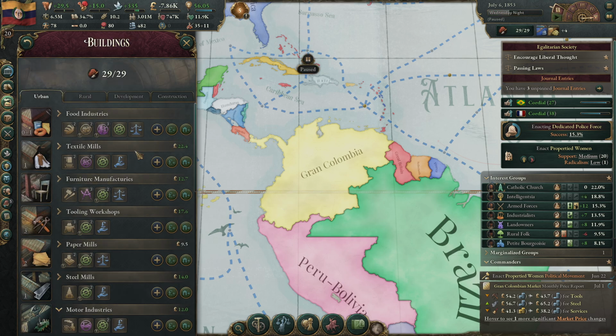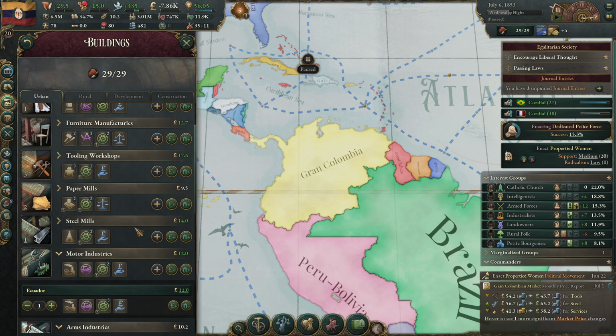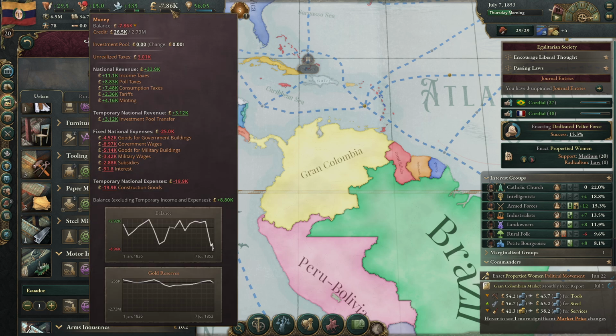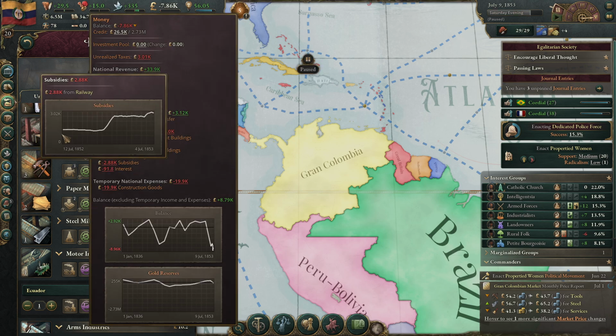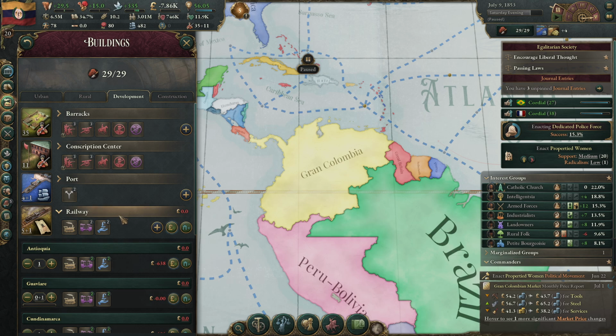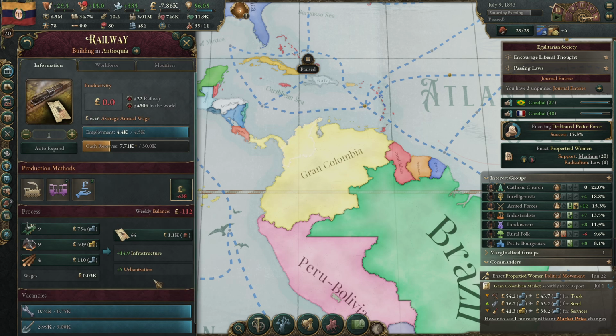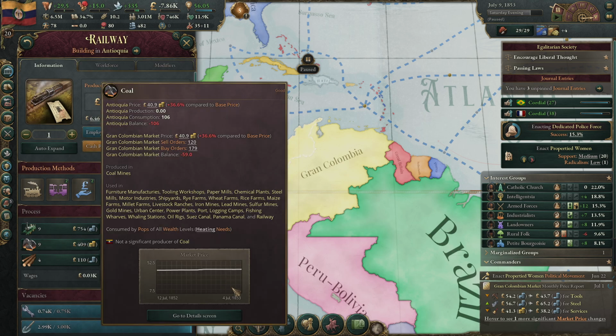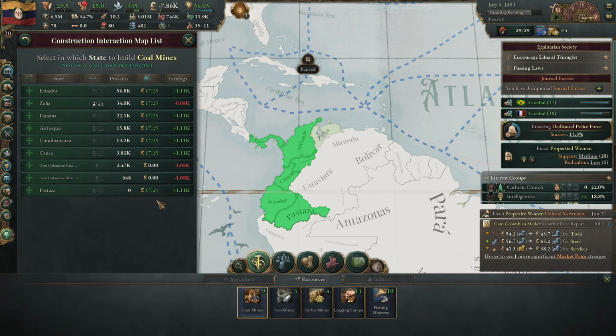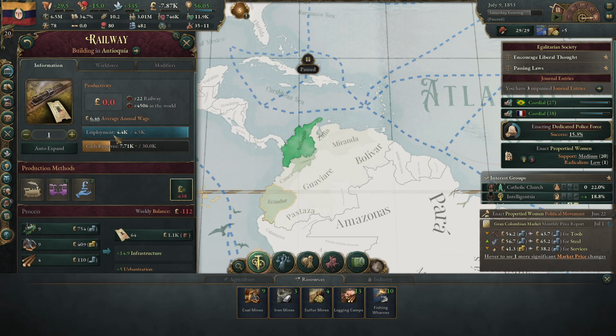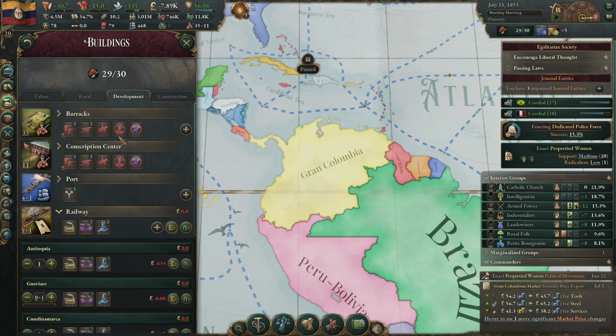Let's not upgrade the motor industries yet for that. My railways are getting subsidized again. Coal price is super high. Need an extra coal mine. We need to use more transportation.